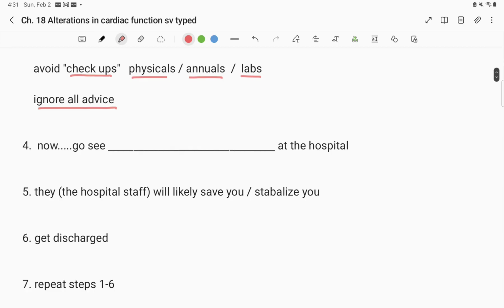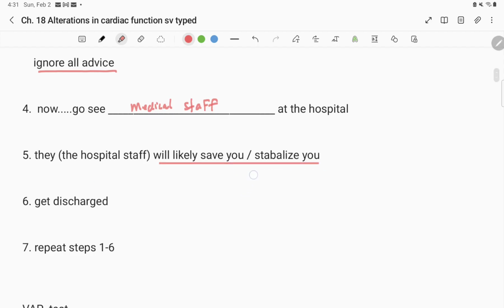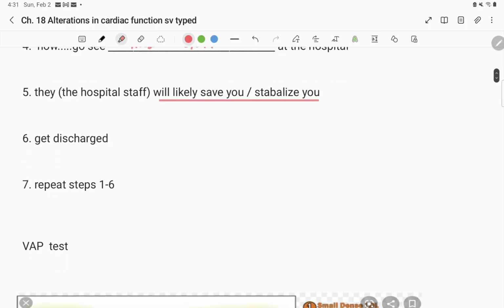Then eventually you're going to go see the medical staff at the hospital. So the hospital staff will likely save you or stabilize you. Then you'll get discharged, and then repeat steps 1 through 6.